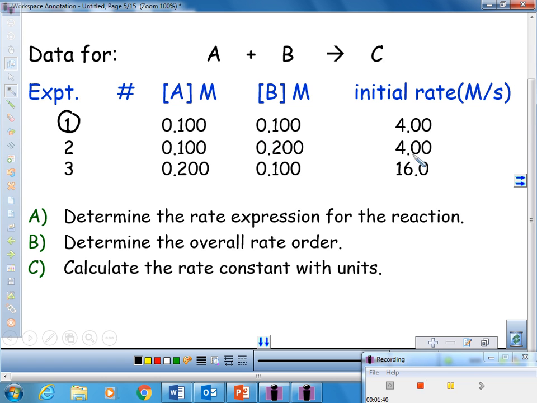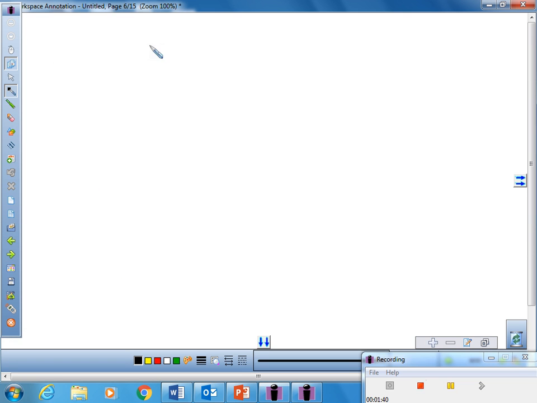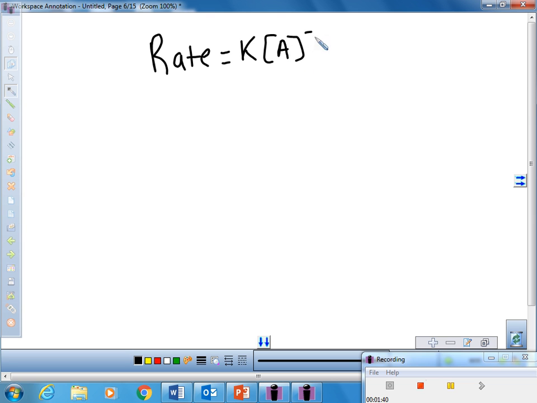So we're going to take these values and plug them into our rate law. Let me go to a blank page here so we can see. So our rate law looked like this for this equation, and it was A squared. I don't need B in there because B was not changing, so I can get rid of it because it's just going to be the 0 order.